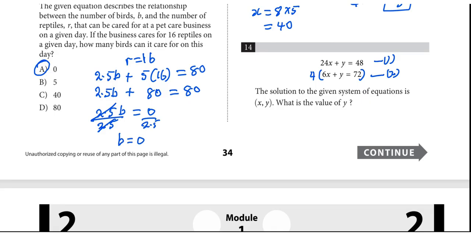First of all, let's write down equation 1, which is 24x plus y equals 48.